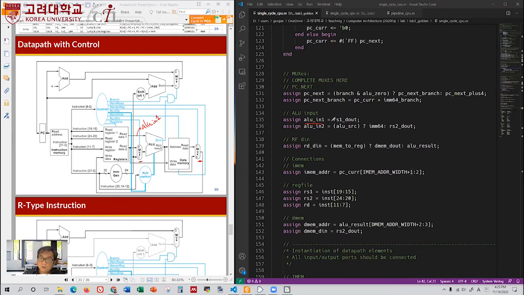This ALU in 1 is directly connected to the read data 1, the output port of the register file. So this RS1 Dout is the output of the register file. About the ALU in 2, you can find the mux here. So where is it?